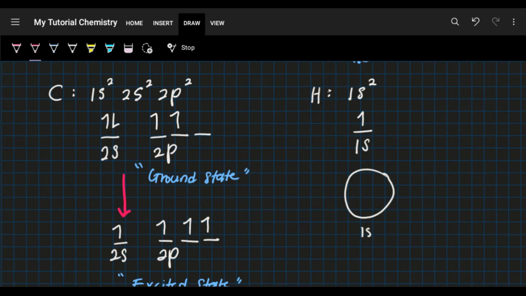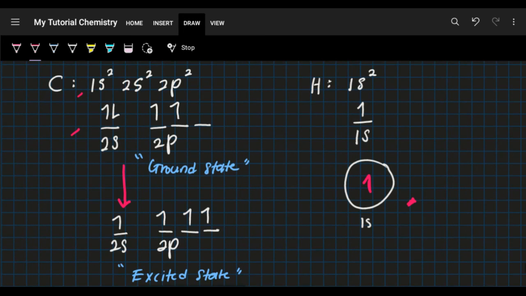Now we draw the electron configuration for carbon and hydrogen. This is the electron configuration for carbon, the ground state. Hydrogen is a terminal atom, so it remains in its original shape, which is a sphere. It has one single electron in each orbital.